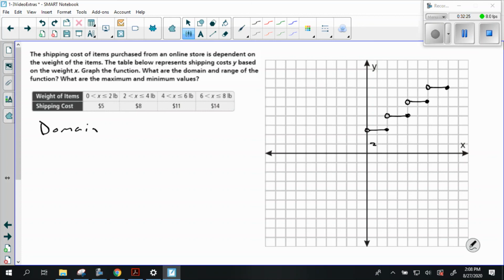Actually, let's go ahead and use our interval notation. So 0, not including 0, all the way up to 8, but we're going to include 8. Our range, our y values. Well, we've got y values all the way from 5 to 14, and we're going to include all of those.